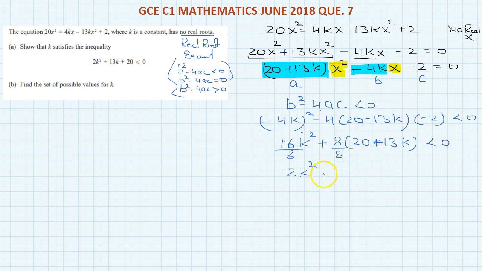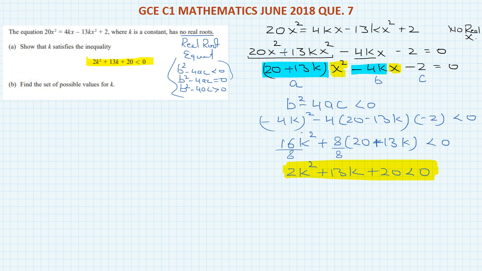So 2k square plus 13k plus 20 is less than 0. So you have seen that that is what we are supposed to prove.